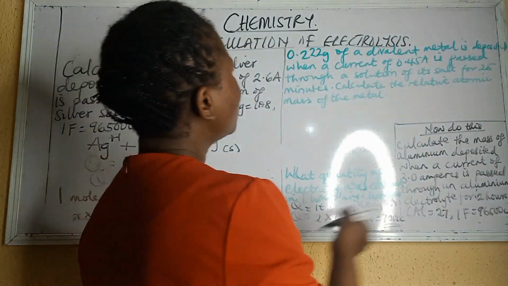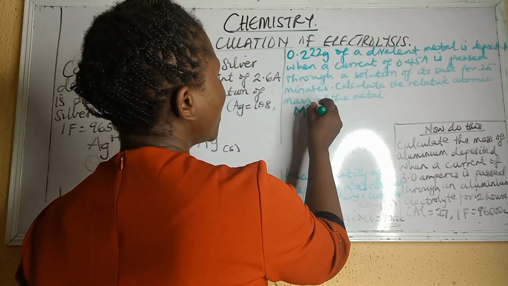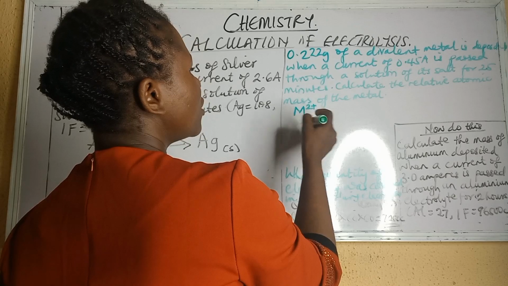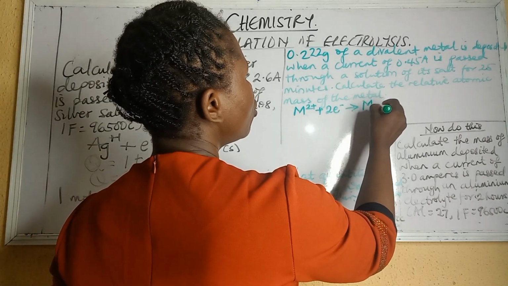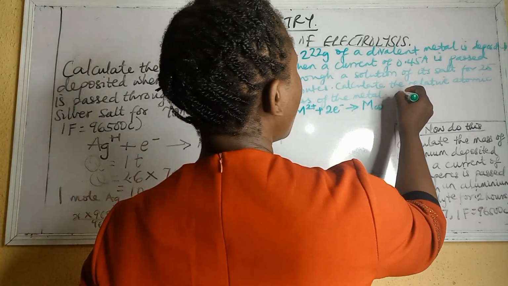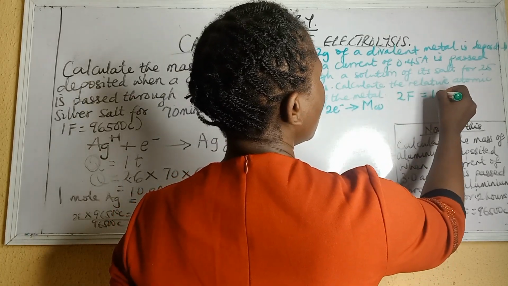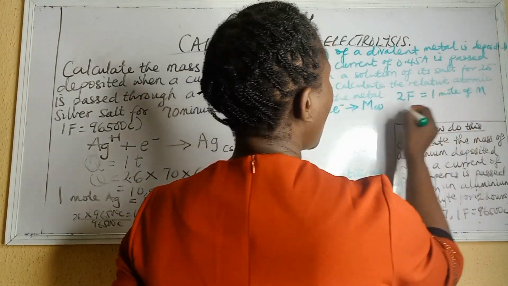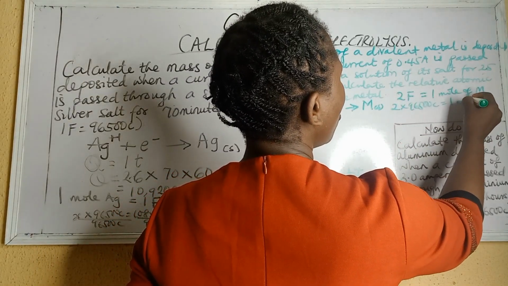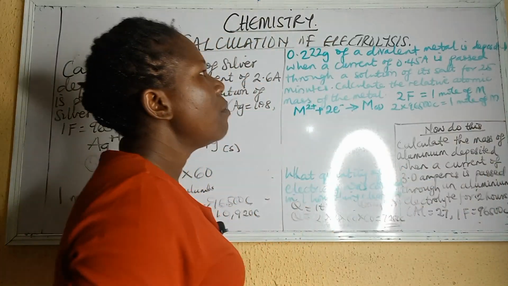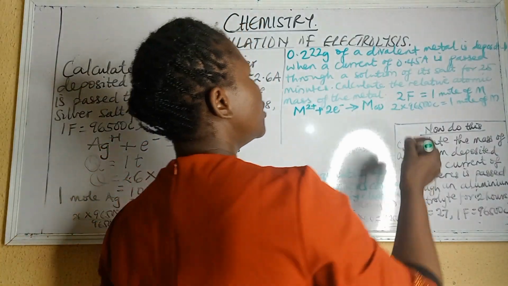So what we need to do is get the second line. Let's write the equation of reaction first. A divalent metal has plus 2 on top. Let's assume M is the formula of the metal: M2+ plus 2e-, that is, it will pick up 2 electrons and become a neutral element, meaning that 2 Faradays liberate 1 mole of M. 2 Faradays, 2 multiplied by 96,500 coulombs, liberate 1 mole of M. And 1 mole of M is its molar mass or atomic mass, which is the relative atomic mass.